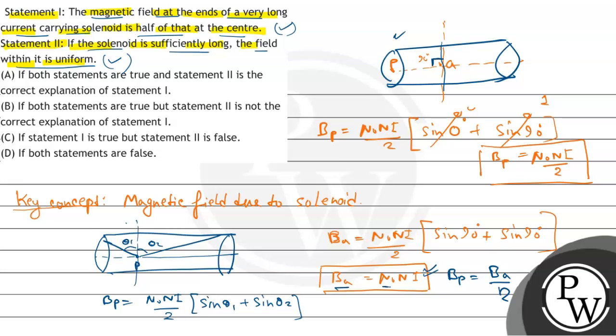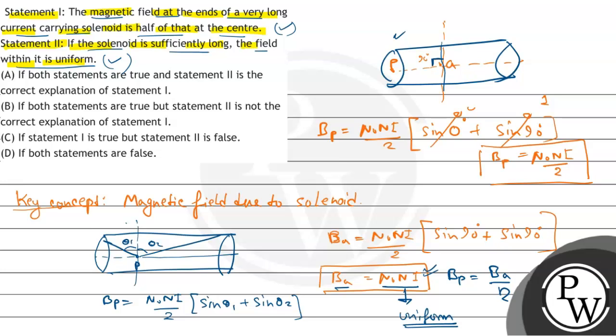B at the center is mu naught Ni, which is uniform, right? And this is only in case of a very long solenoid. So our statement 2 is correct, that if a solenoid is sufficiently long, the field within it is uniform.